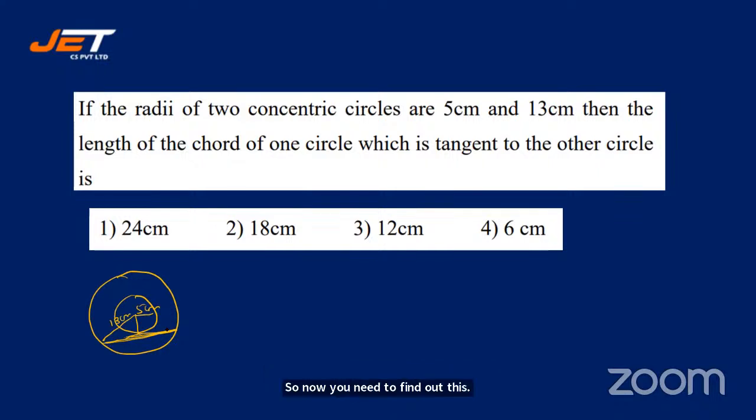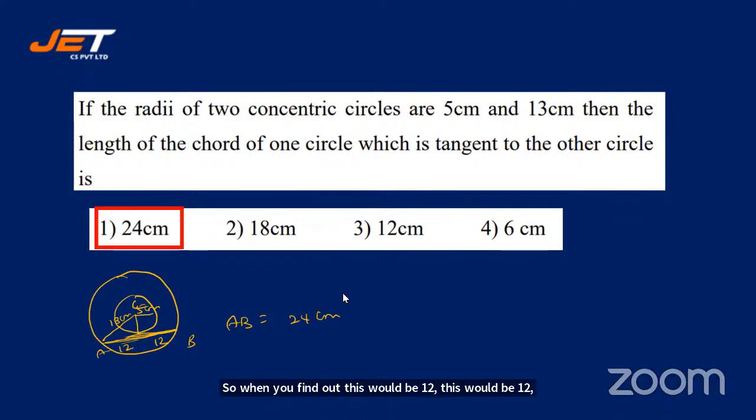Let me give you A, B, C. So you need to find out AB. What is AB? So when you find out, this would be 12. This would be 12. So 12 plus 12 should be 24 centimeter. Let's check the answer. Yes, it is 24 centimeter.